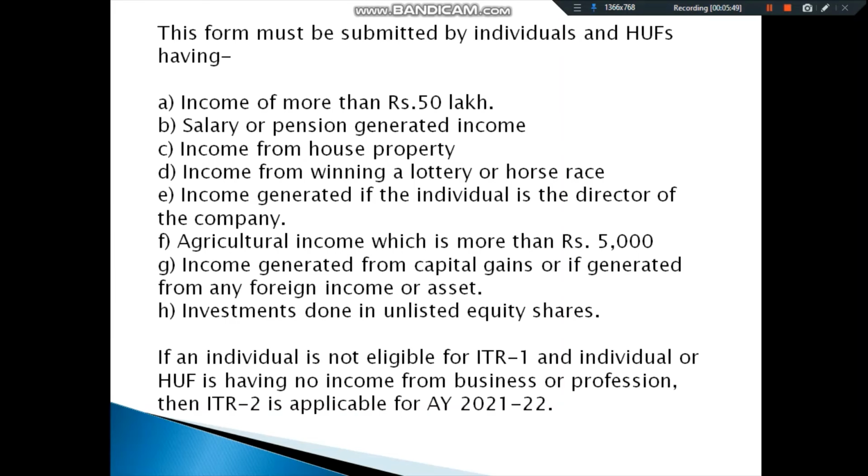The form must be submitted by individuals having income of more than rupees 50 lakh, salary or pension income, income from house property, income from winning a lottery or horse race, and income generated if the individual is a director of the company. So whatever things you have in ITR-1, you can file in ITR-2.